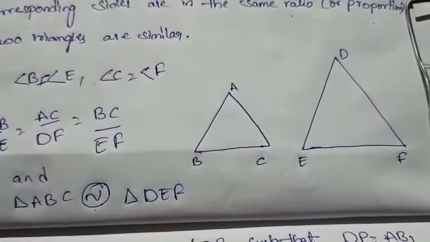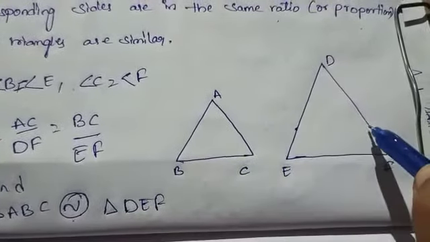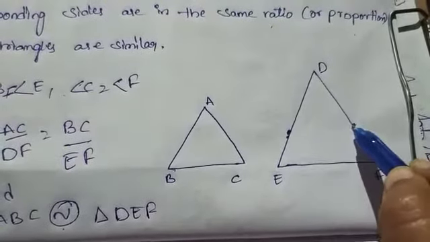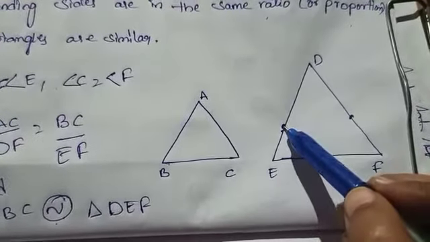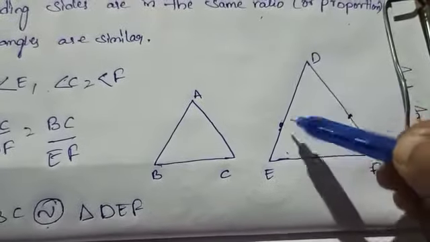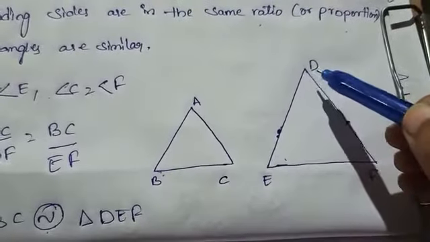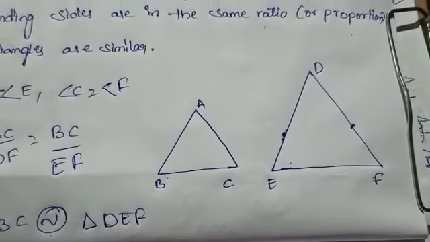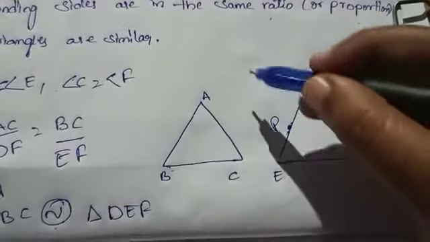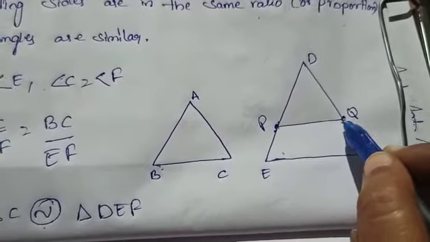See the construction: draw P and Q, P on DE and Q on DF, such that DP equals AB and DQ equals AC respectively, and join PQ line.